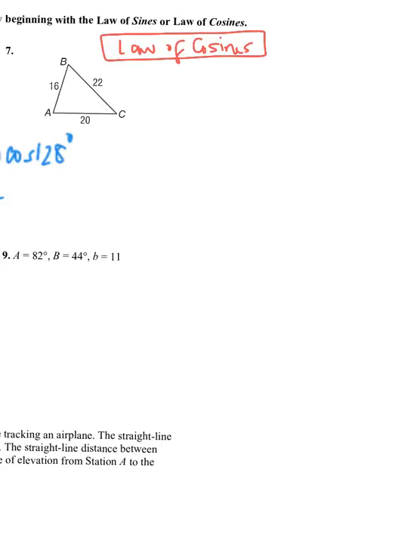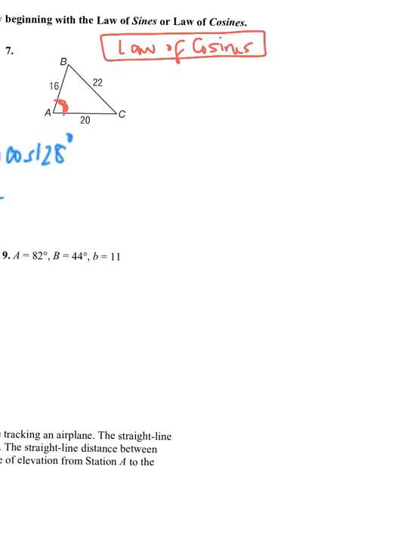I would always go for the largest angle. The reason is in case it turns out to be an obtuse angle, when I do inverse cosine, my calculator will give me that exact angle. It doesn't just give me the reference angle like inverse sine does. So start with the largest angle.